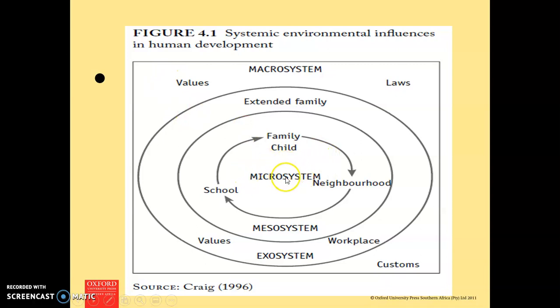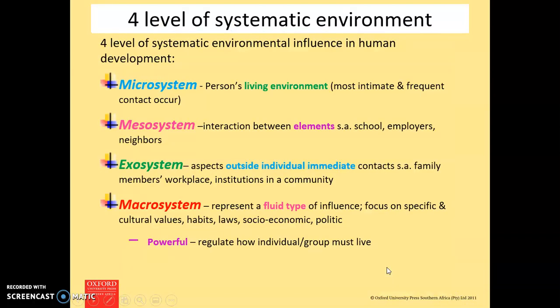The earliest influence is the microsystem, which is between families, and then moving to school and neighbors. The mesosystem involves extended family, sorry, micro is families, and meso is here between extended family, exosystem, and increasing to close to law, values, and custom.